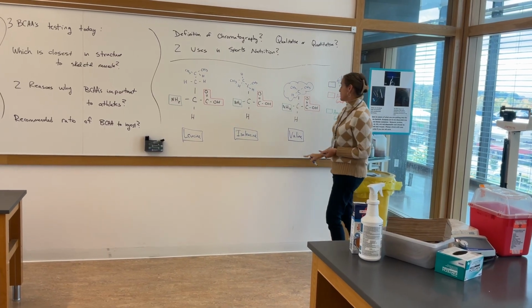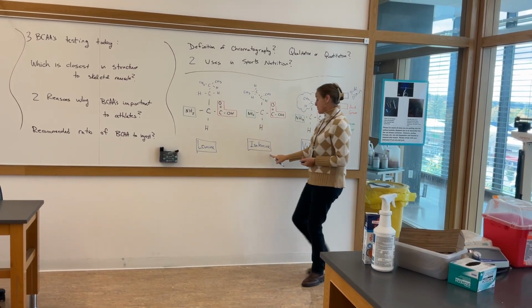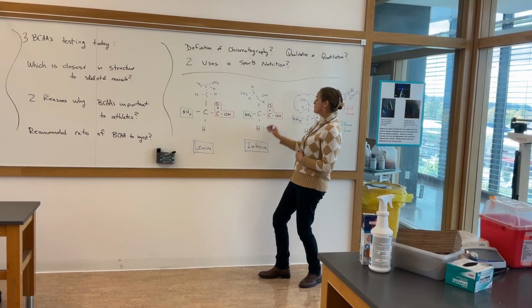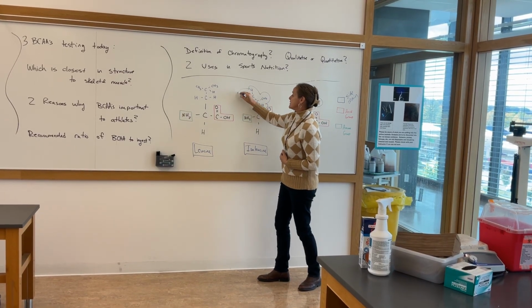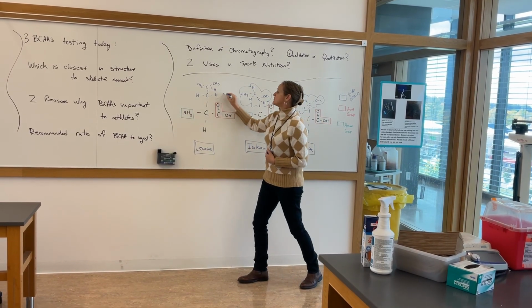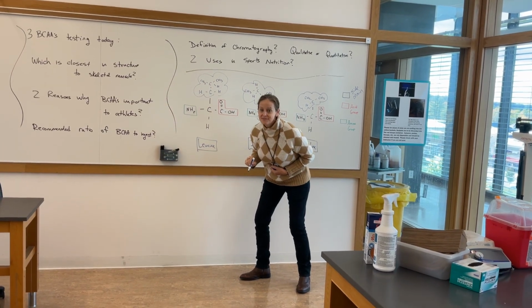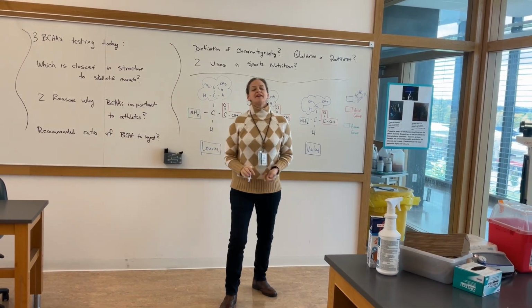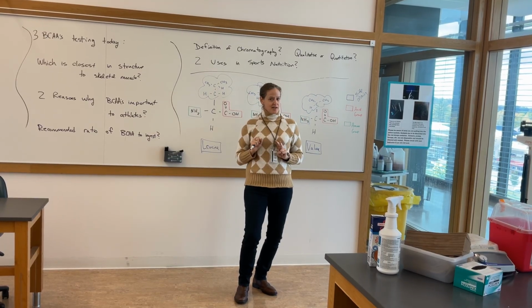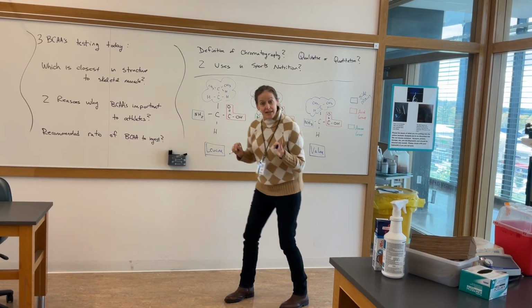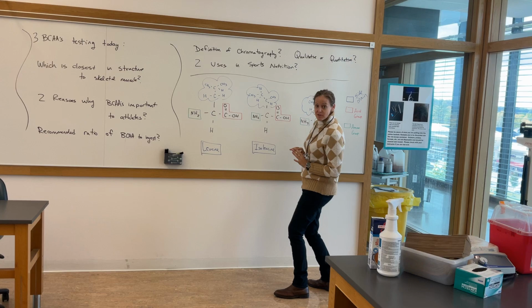Today we're going to be working with our branched chain amino acids. Valine, isoleucine, and leucine. So what makes these different from each other is the side chain. You might be wondering, what makes it a branched chain amino acid? In simplistic terms, it's pretty simple.